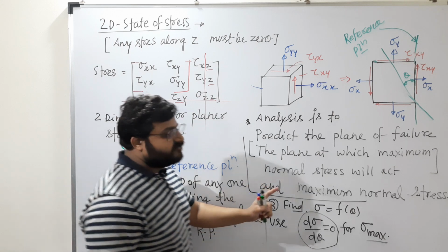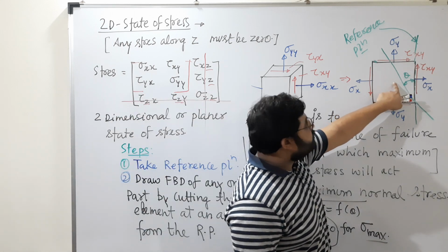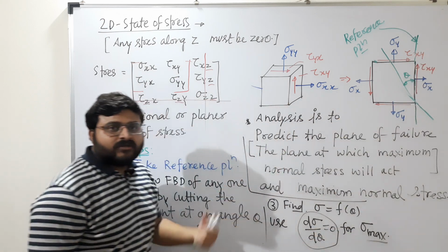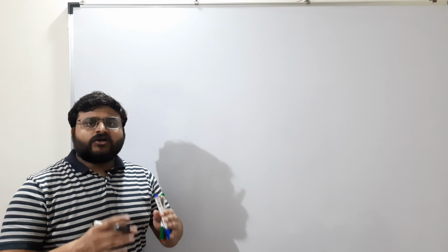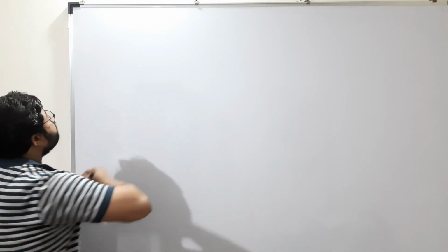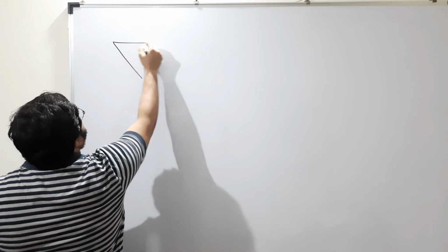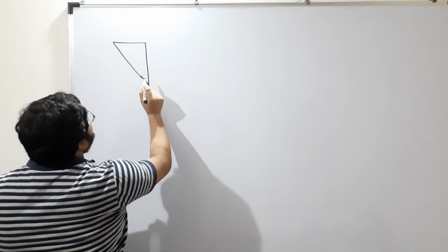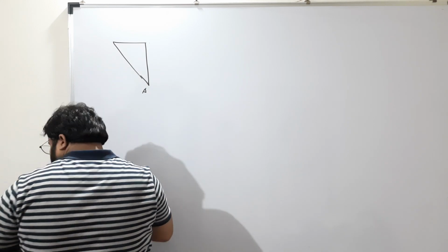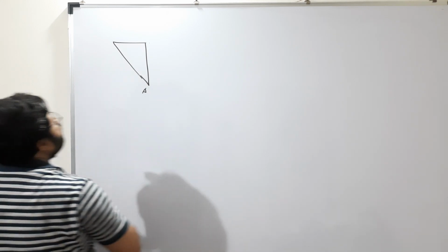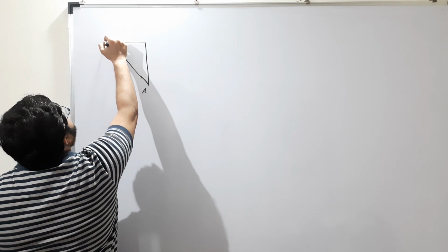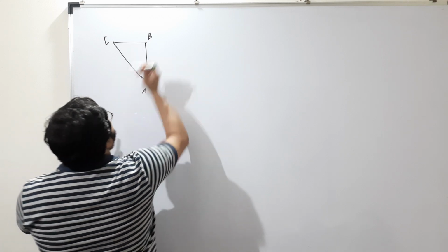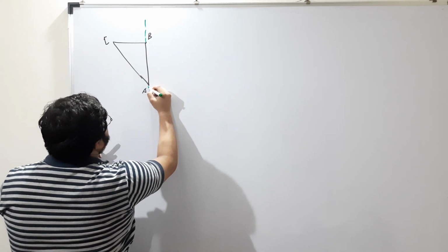I will be starting from the free body diagram of this. I will take up half part and start the analysis. Now we will start with the half part of the diagram. This is our element. We will name it A, or C, and this will be B. Now this we have taken as our reference plane.